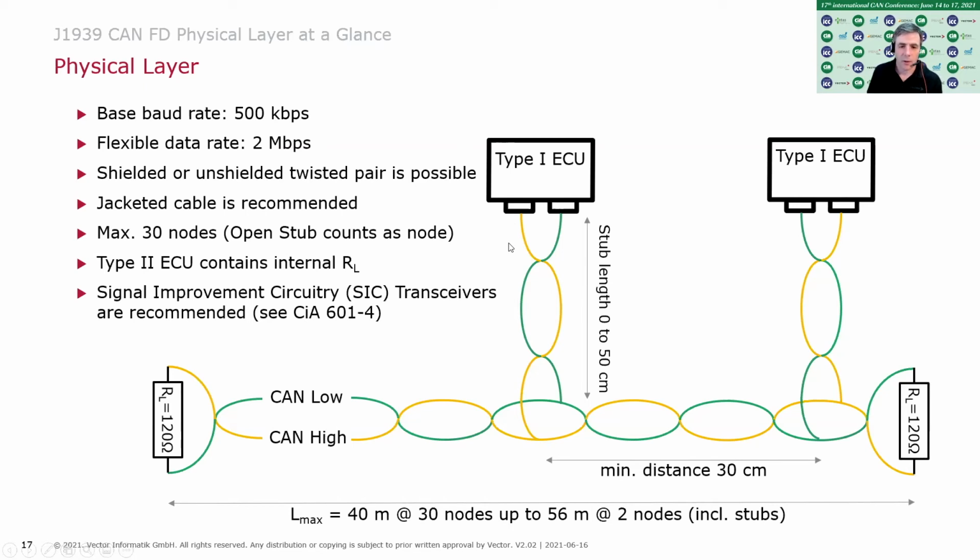And we have two different types of ECU, similar to the classic approach. ECU type 2 probably comes with an internal termination resistance, and ECU type 1 has no internal termination resistance capability, and in this case you need external terminations.